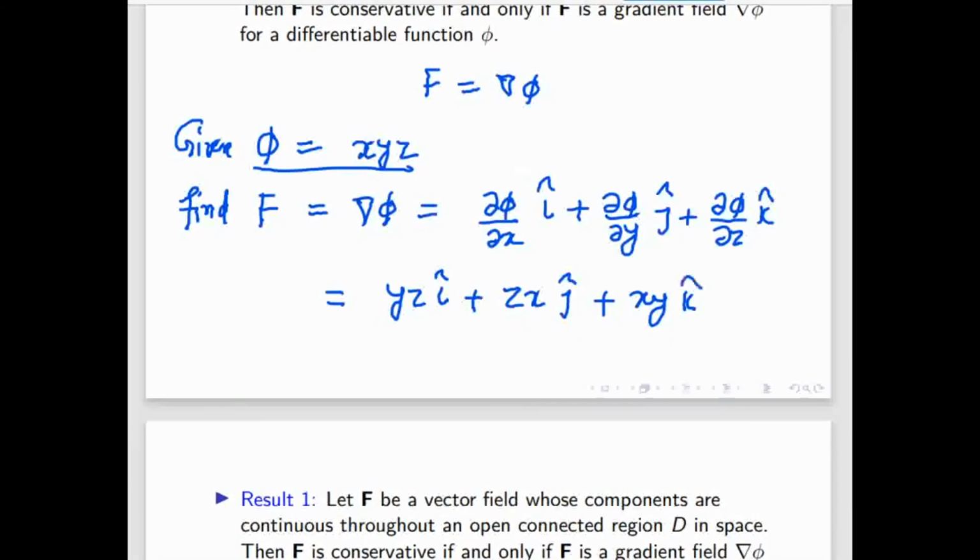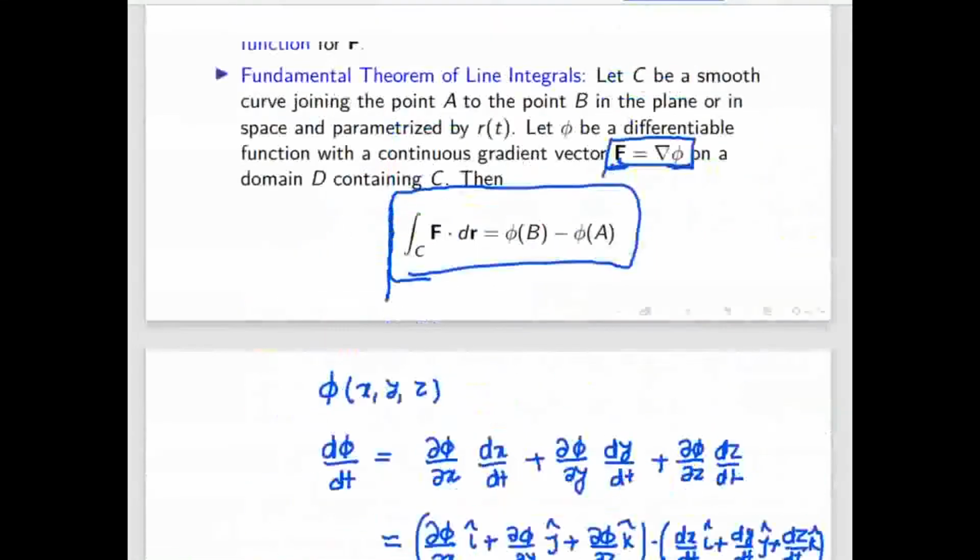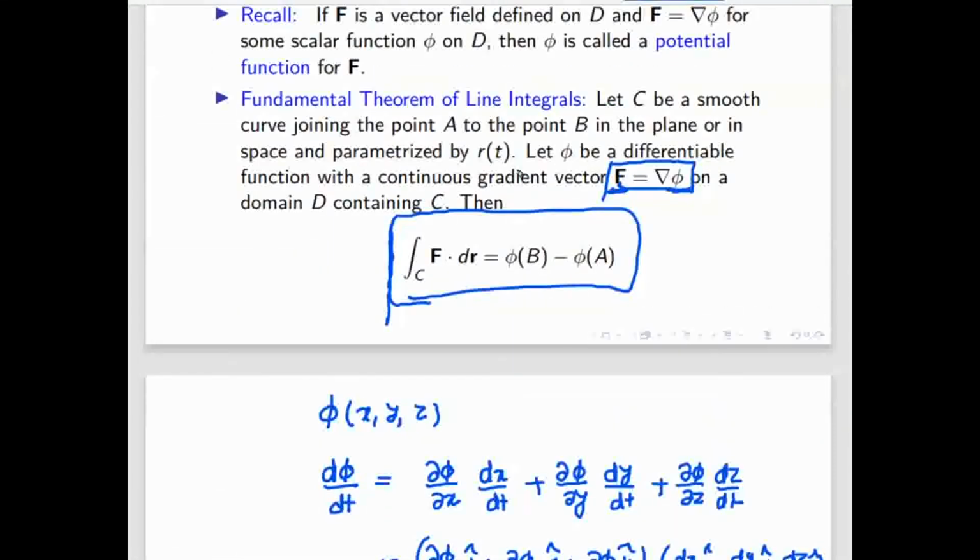I will do the reverse question. Suppose f is given exactly this: yz i cap, zx j cap, xy k cap. Can you find phi? Answer will come xyz. So if f is given yz i cap plus zx j cap plus xy k cap, the question is reverse. Can you find phi? And if you can find phi, then the integral of f dot dr will be phi at b minus phi at a.